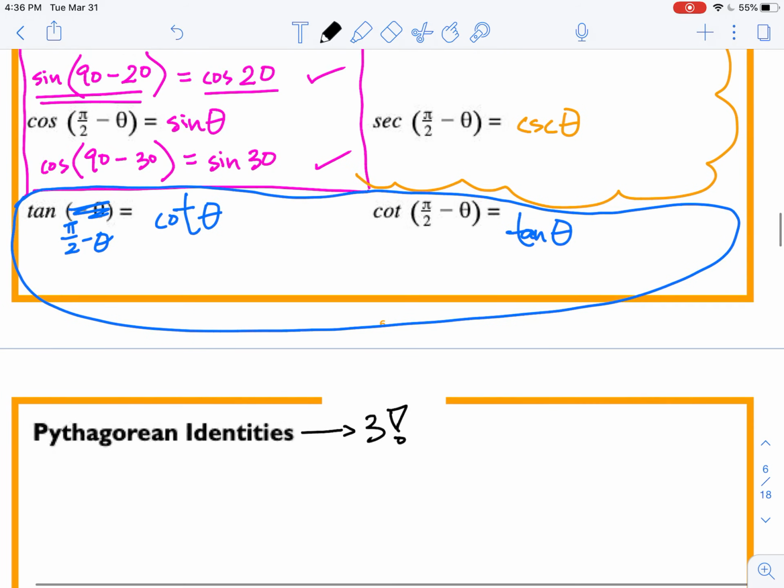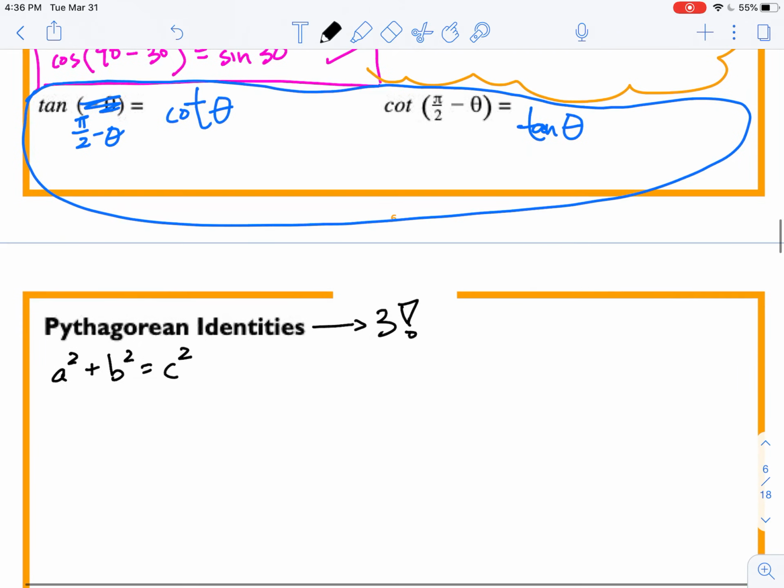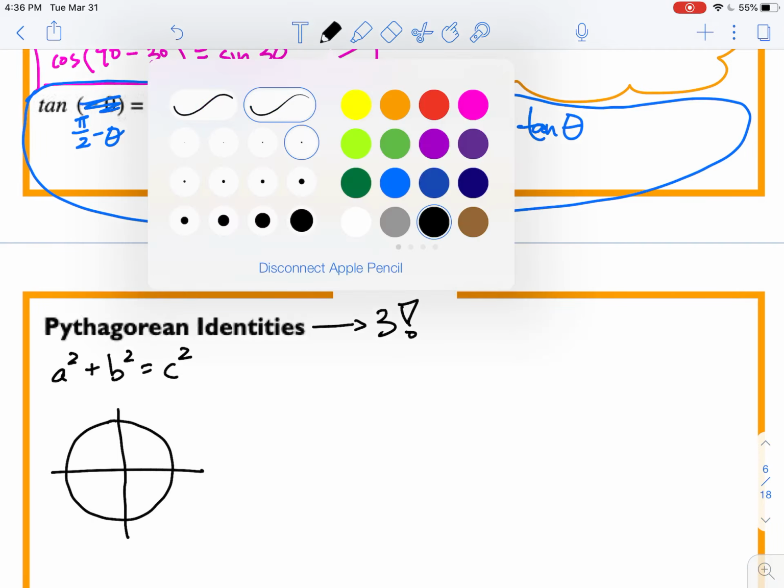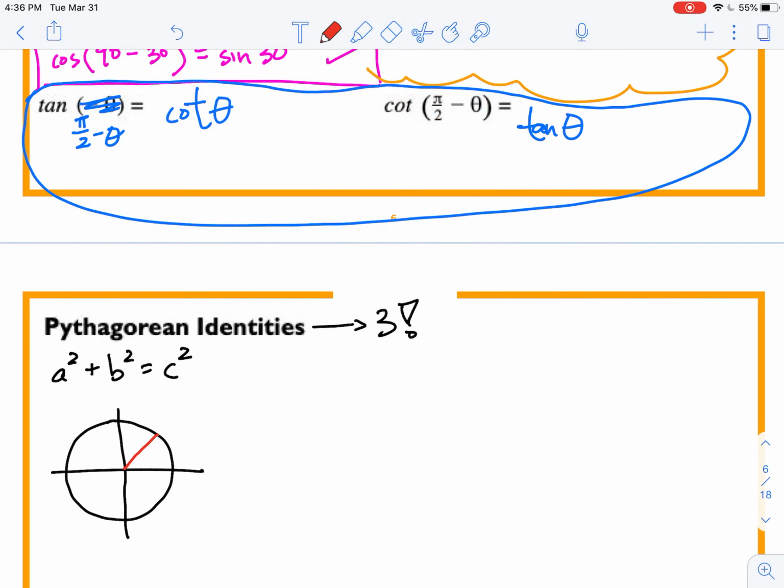Okay? Try that strategy, see if it works for you, but let me just talk through my understanding of the Pythagorean identities. So if I asked you guys, what is the Pythagorean theorem? Everyone would tell me a squared plus b squared equals c squared, and you would be correct. And if we thought back to the unit circle in trig, and we thought about how we found the coordinates of all those points, we would remember that we used a right triangle.